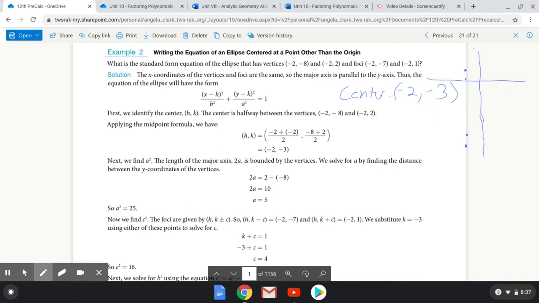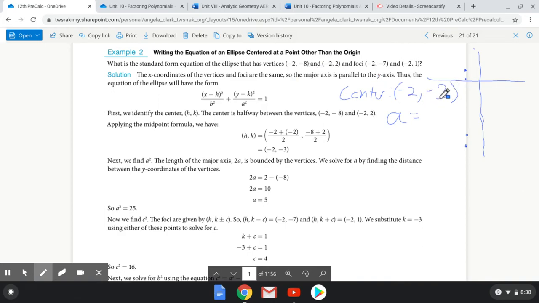So A is going to be the distance from the center to a vertex. Either one, doesn't matter. It's the same, right? It's the distance from the center to a vertex. So A, in this case, I just said it a few minutes ago, is 5, right? So I could say, okay, I need the -3 to 2, distance from the center to a vertex, or -3 to -8.